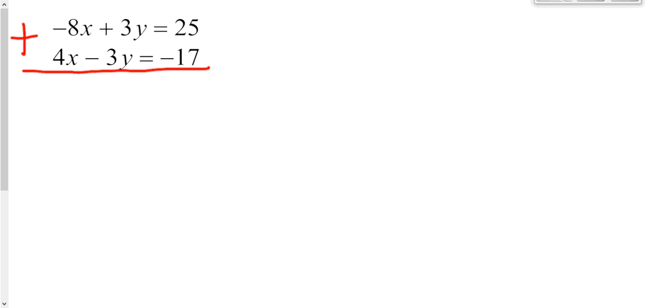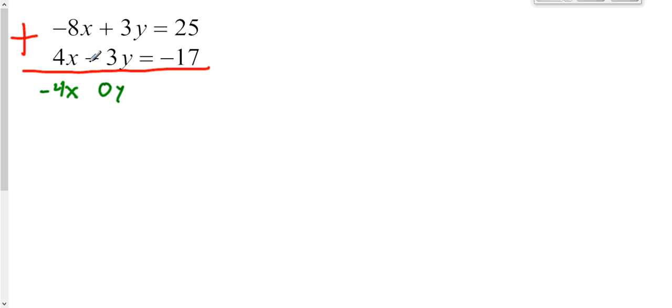We're going to take this part slowly. This is where the most mistakes happen in the elimination method. I have negative 8x plus 4x, that is negative 4x. 3 plus negative 3, that's 0y. This is what we need to see. We have to have a 0y, or a 0x, one of those.